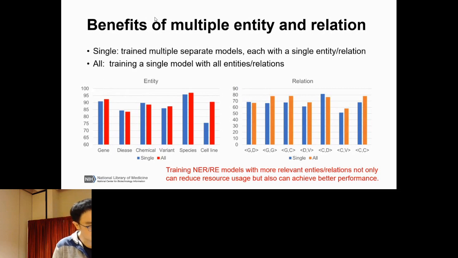From the figure, we can see that training a single model with all entities or relations generally achieves better performance than training multiple single models. Therefore, training named entity recognition or relation extraction models with more relevant entities or relations not only can reduce resource usage, but also can achieve better performance.